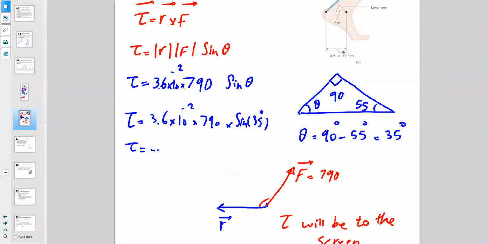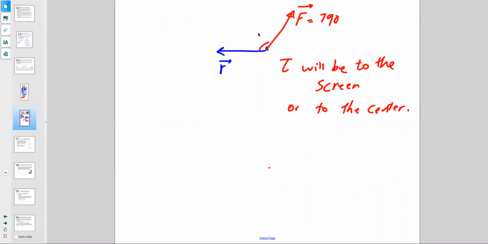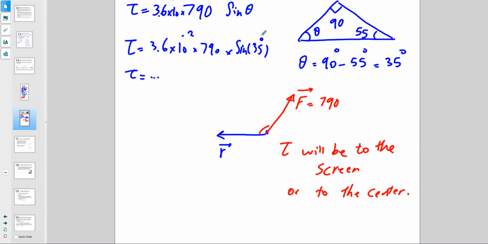All right, so a side note on that is this. When we're talking about the angle between the force and R, or the force with the distance of the force to the axis of rotation, we're usually talking about the smallest angle.